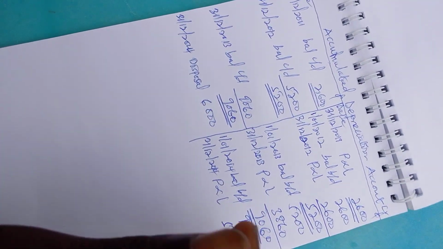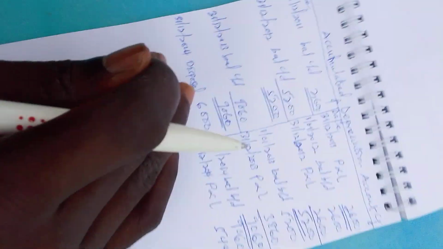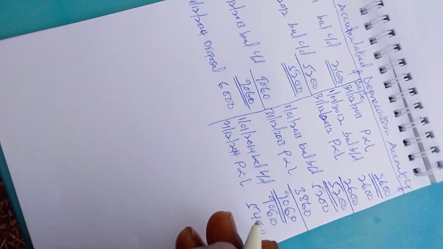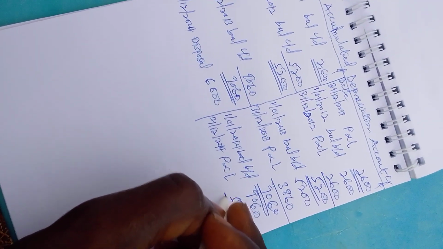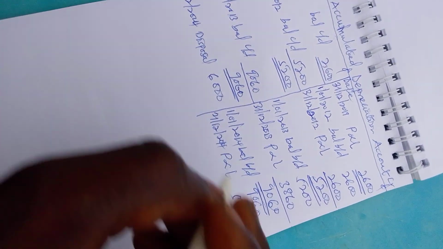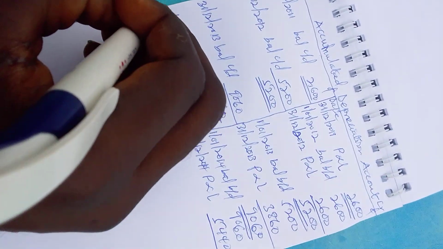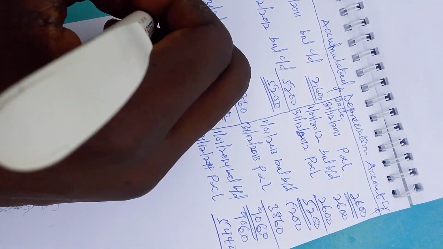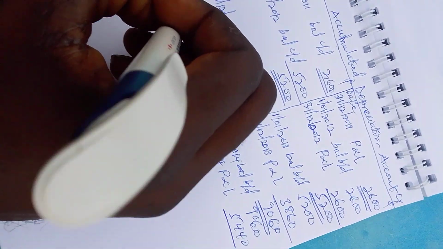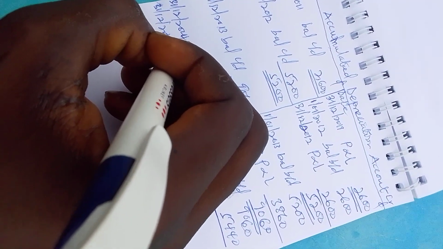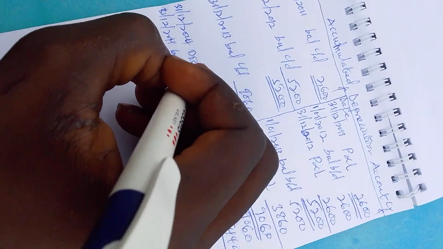Since the credit side is bigger than the debit side, you have to get the difference and make it balance carry down. So let's find the total here. 31st December 2014, balance carry down.